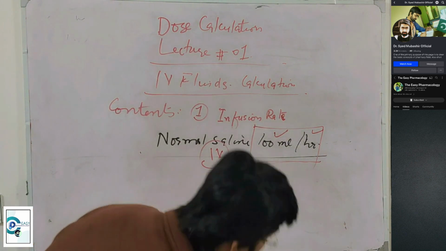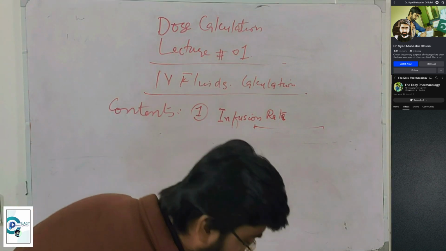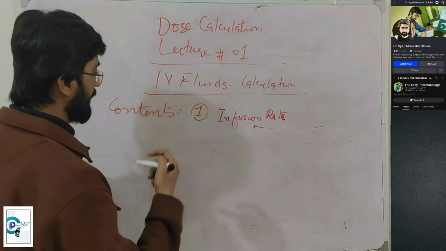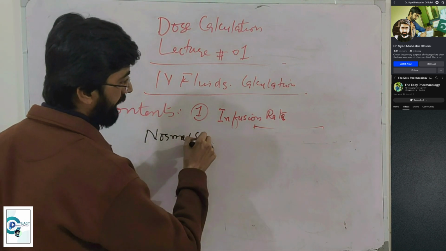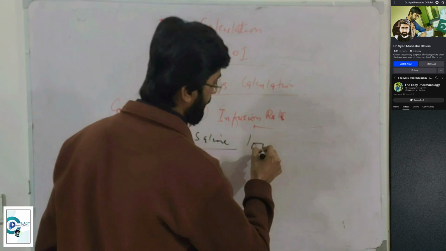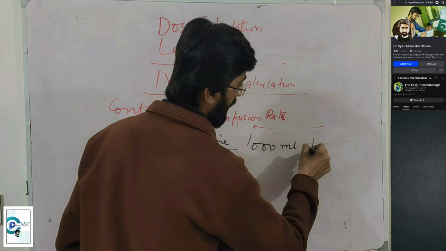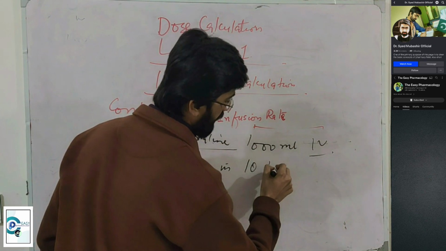Let us take another example. Let's suppose the doctor says that you have to give normal saline, total 1000 ml IV in 10 hours.